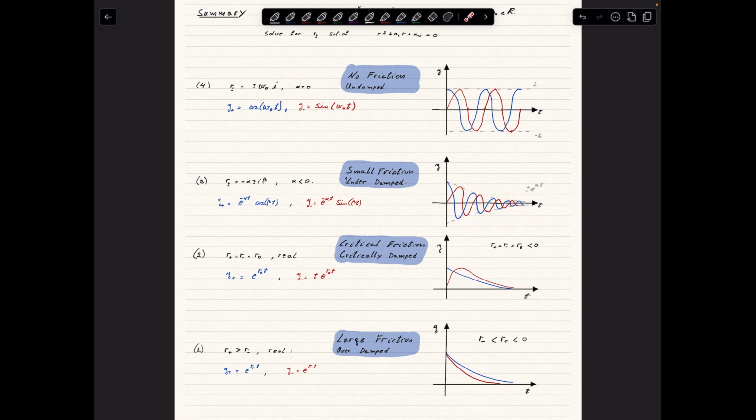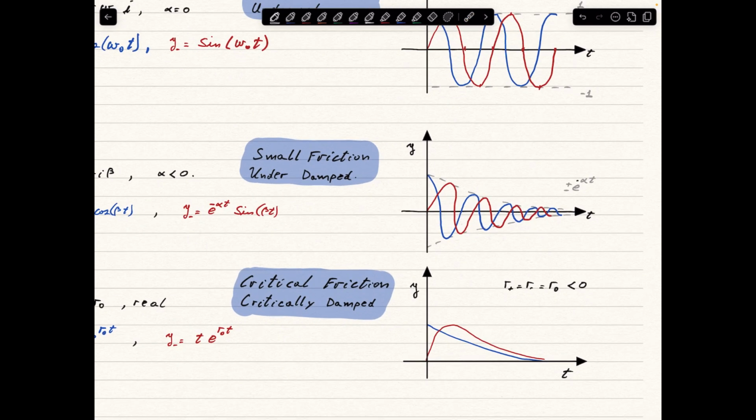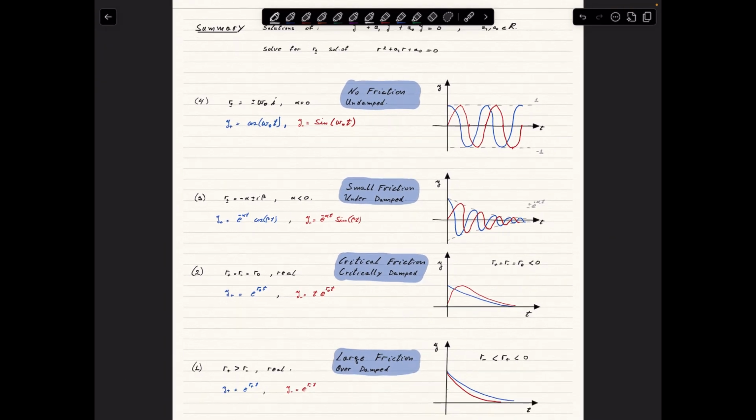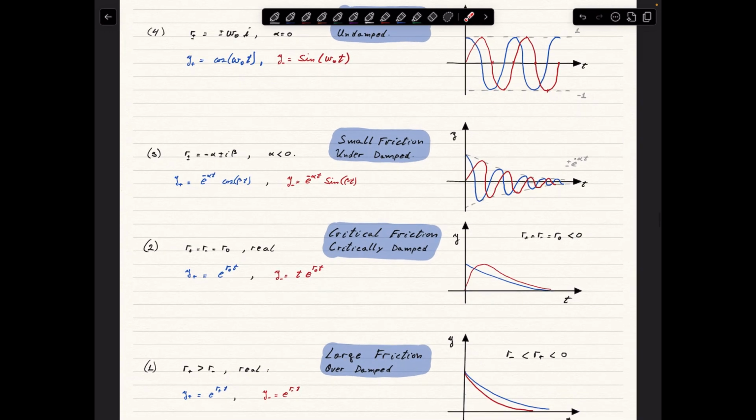Let's put the negative sign here. Then we have the critical case, where the solution is real, and recall r0 was equal to negative alpha. So let's put it here, equal negative alpha.